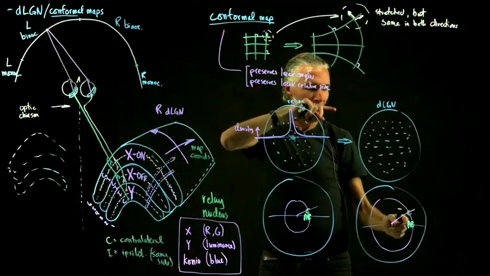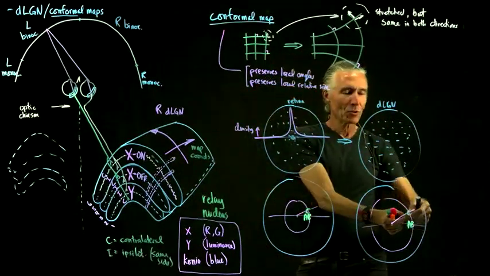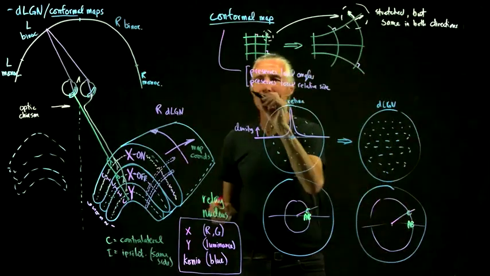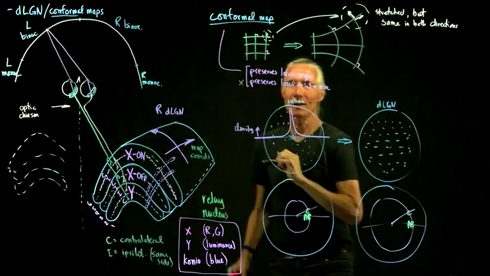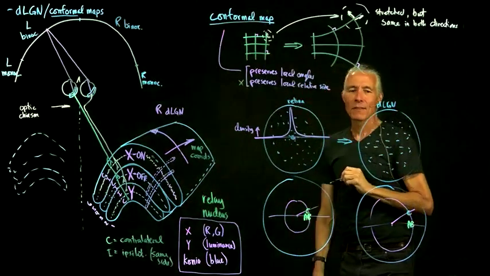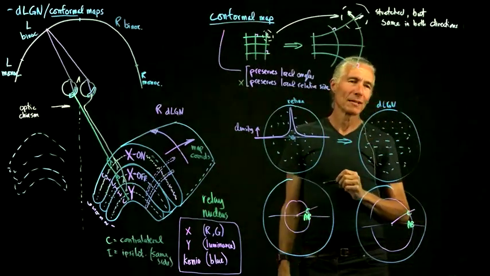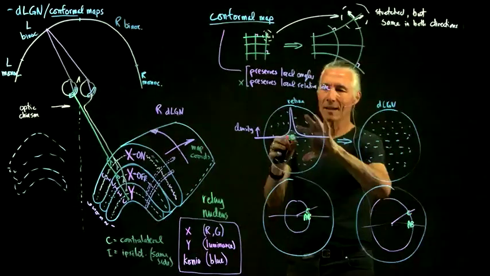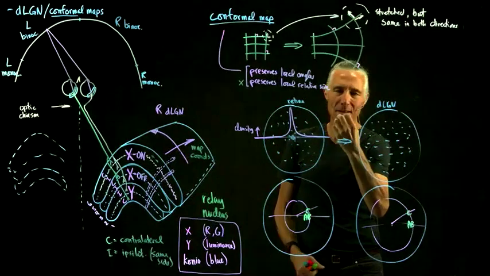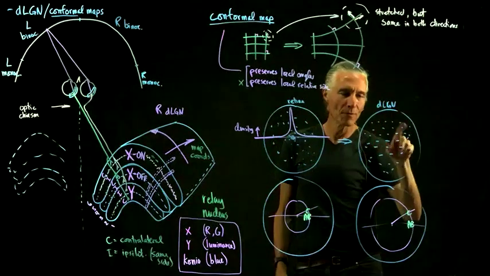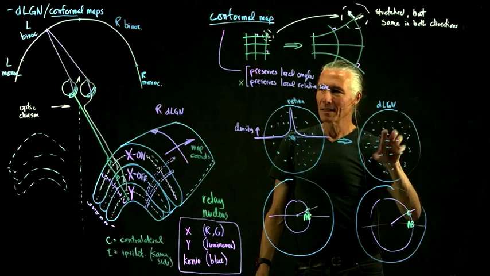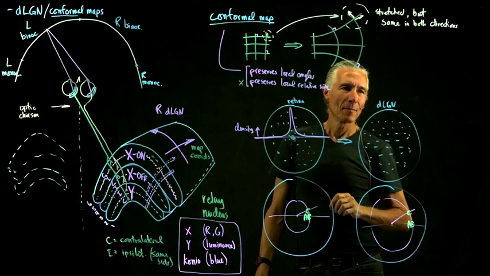In other words, it's going to be stretched more in one direction than in the other, and that breaks this rule that it preserves the relative local size. So the most straightforward way of trying to take a retina that has a high density in the middle and just squash it out to a uniform density of cells in the lateral geniculate is very hard to make a conformal map.